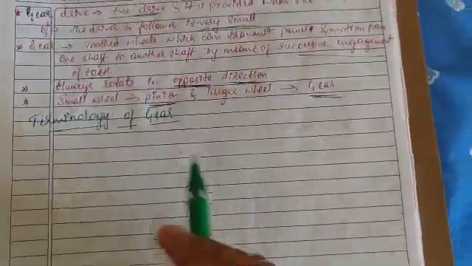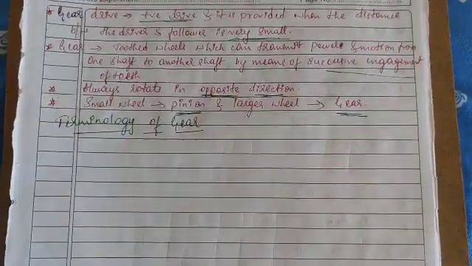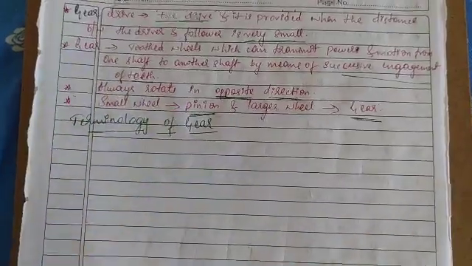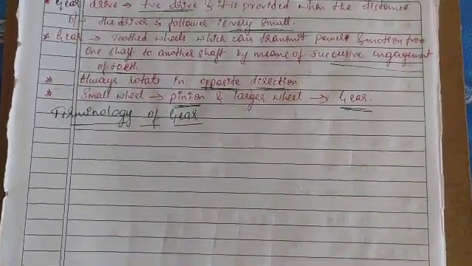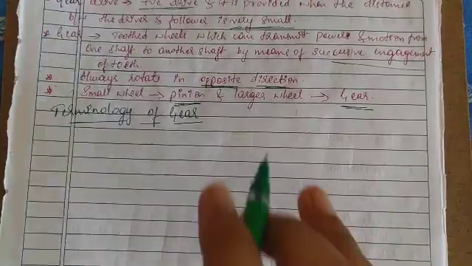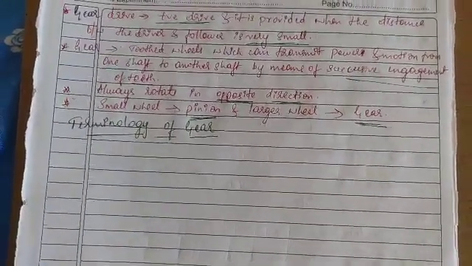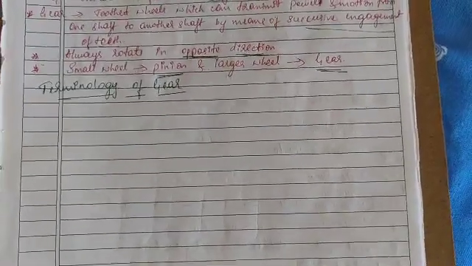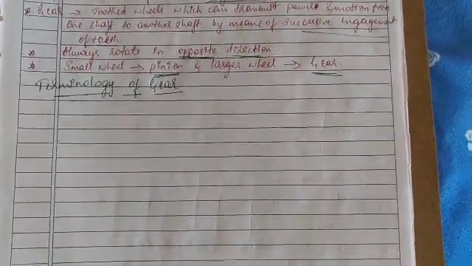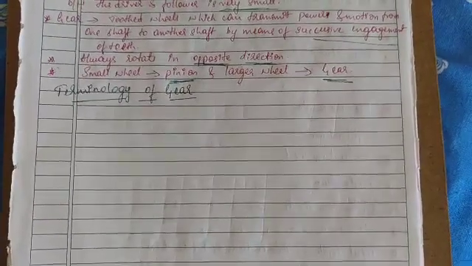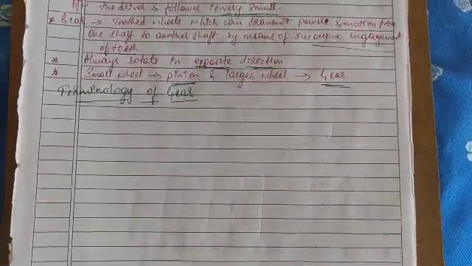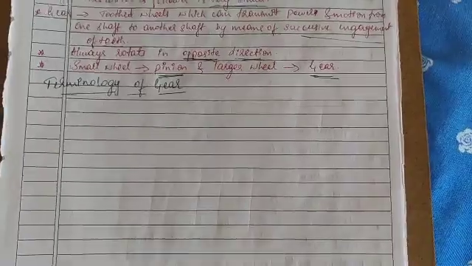Now we will discuss the terminology of the gear. The basic terminology contains different basic terms used in the gears, that is pitch circle diameter, pitch surface, pitch point, module, circular pitch, diametrical pitch, pressure angle, addendum circle, dedendum circle, clearance, total depth, working depth, tooth space, tooth thickness, face of the tooth, flank, face width, backlash, speed ratio, and so on.